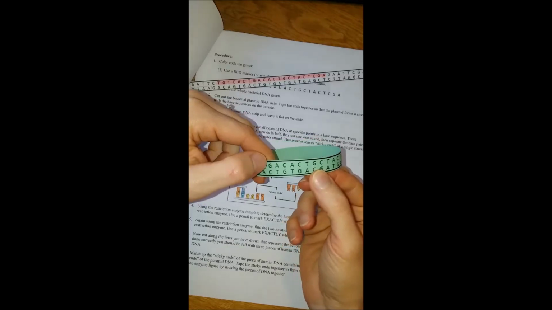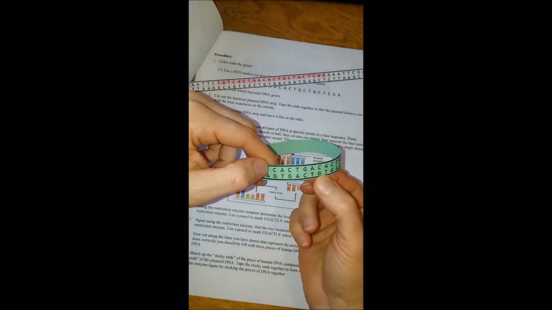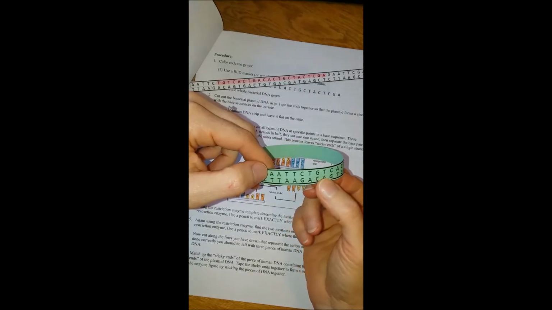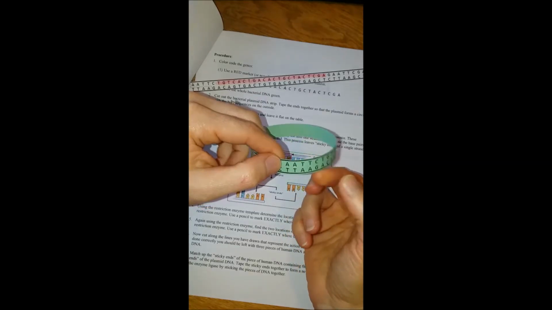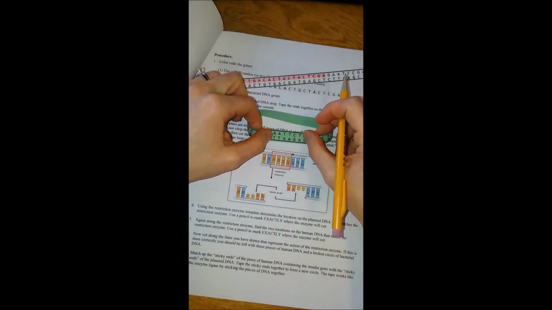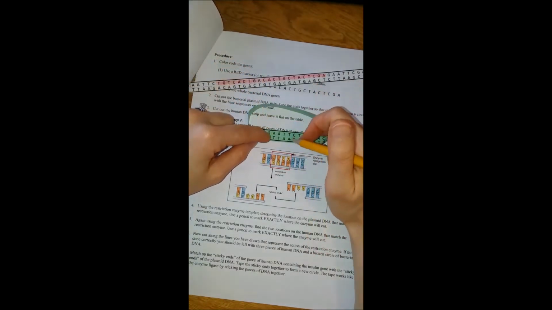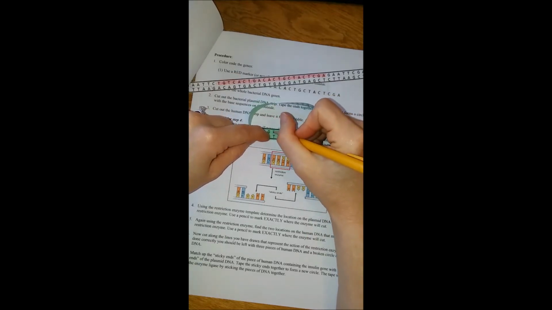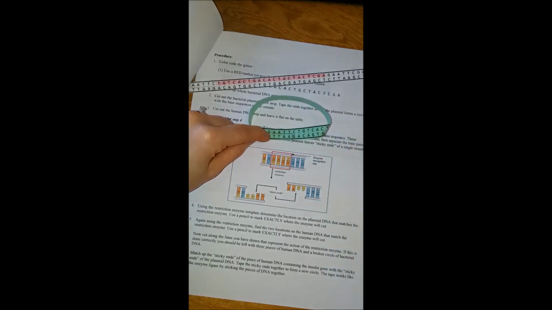The restriction enzyme would do this automatically because bases have a sort of a static electrical type attraction. There it is. So my restriction enzyme is actually going to cut right into this, like that.